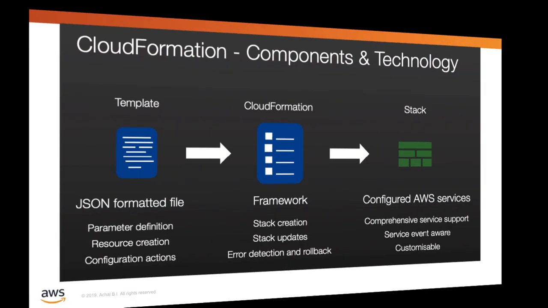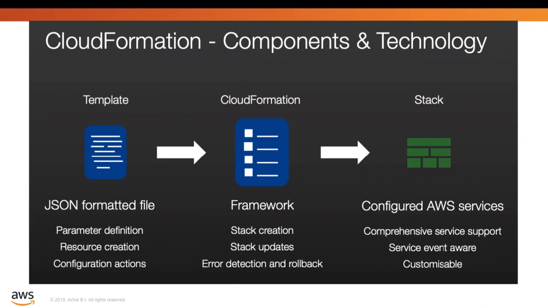If you want to understand CloudFormation at a very high level, you could see it as three main components. The first thing is a template. You need to define this template, and there are two options, JSON and YAML format.